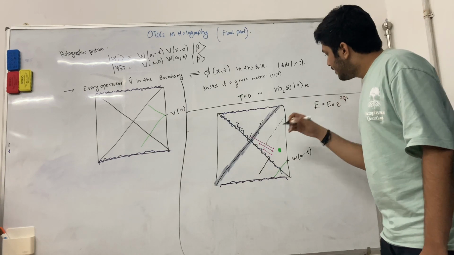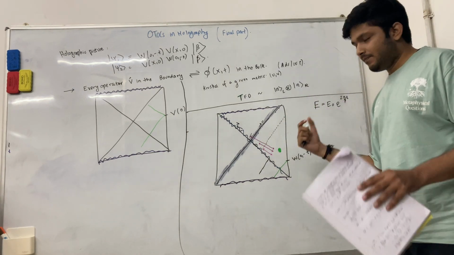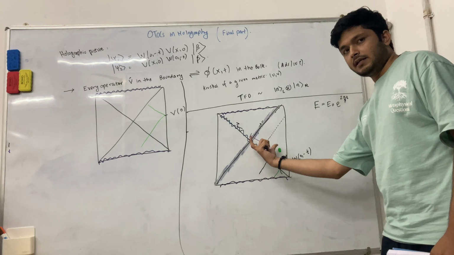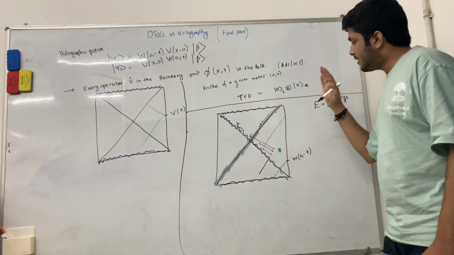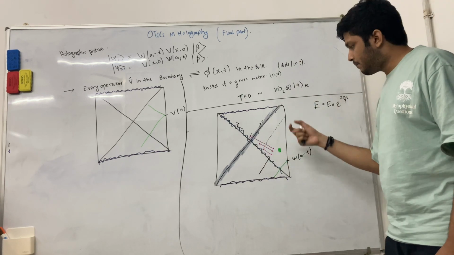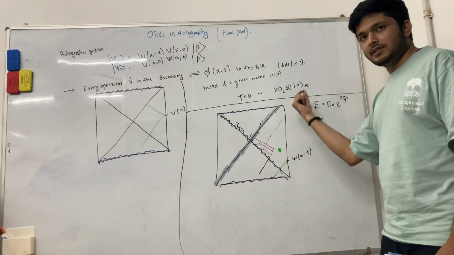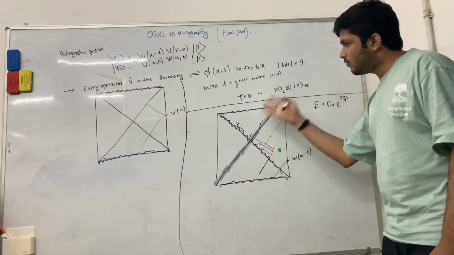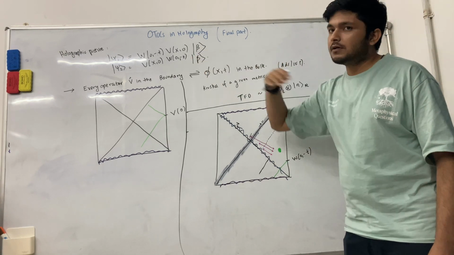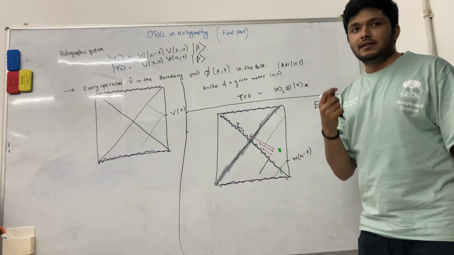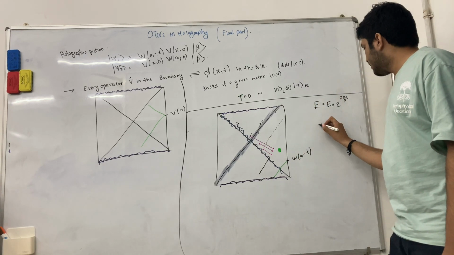So after this special time, when the shift becomes so significant, V fails to materialize at all. Previously it was okay, some delay, but at least it was appearing at the boundary. Now there is no V at all. So this overlap will totally vanish. And this time exactly is what we call the scrambling time.